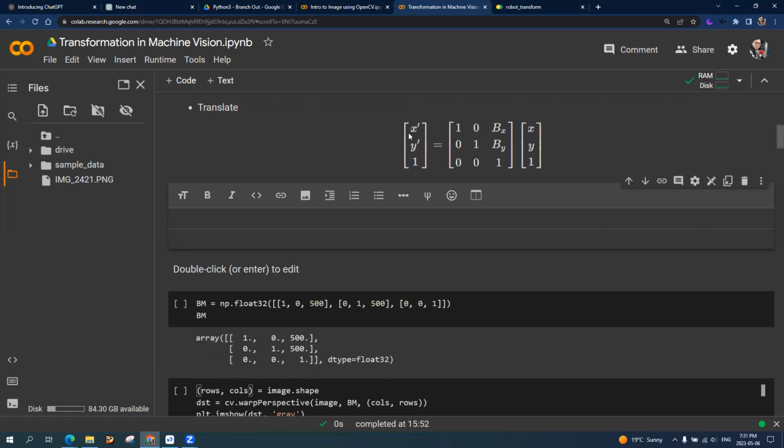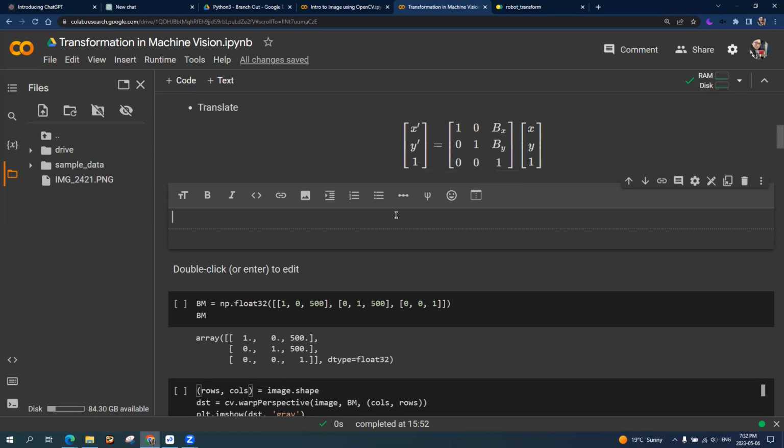You can call this one a 1 by 3 matrix, and then this one is a 3 by 3 matrix, and then this one is a 1 by 3 matrix, right? What this really means is that it is shrinking 3 formulas together into a cleaner visualized form. So I'm going to write down here what this matrix multiplication represents.